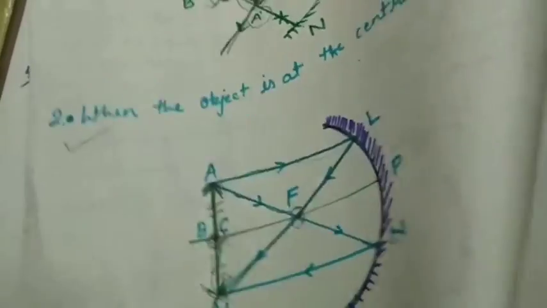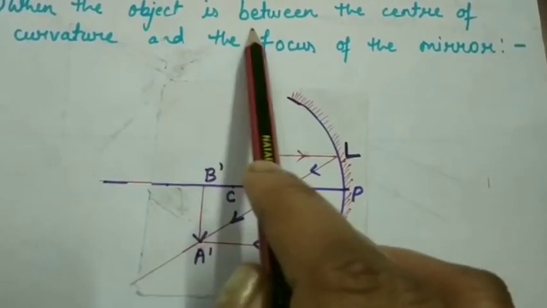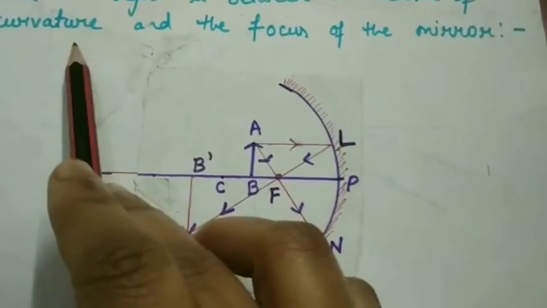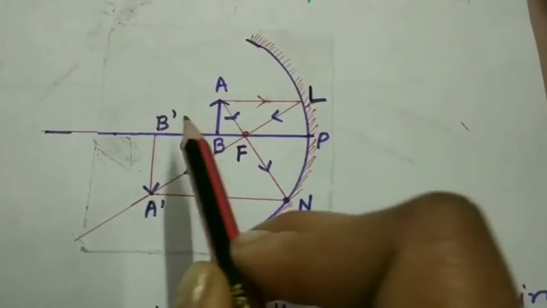Okay, now the third case: when the object is between the center of curvature and the focus of the mirror. So here is the concave mirror.